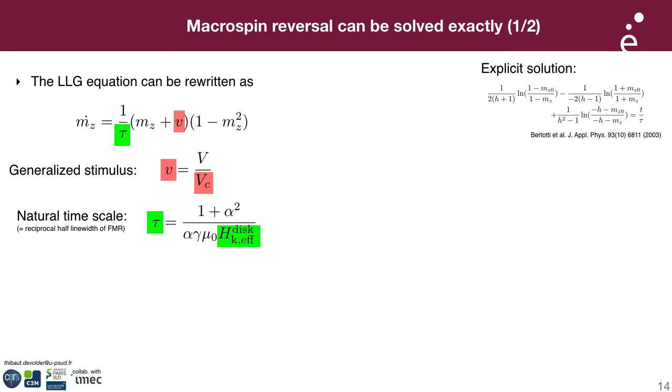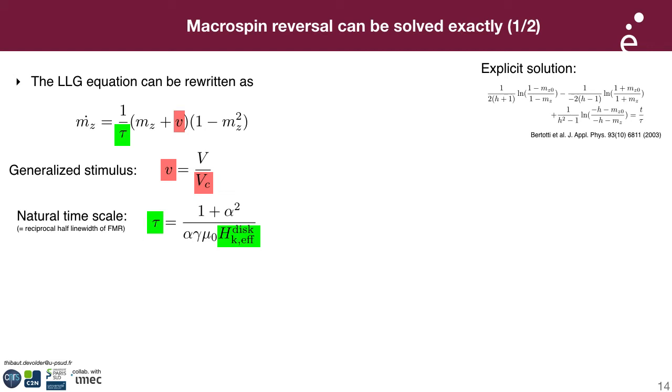submitted to spin torque, then the rate of change of the magnetization is proportional to a few terms. One of them is this time constant tau, which is the natural time scale of the switching, the reciprocal of the half line width, so this is the inverse of the product of the damping parameter and of the anisotropy.